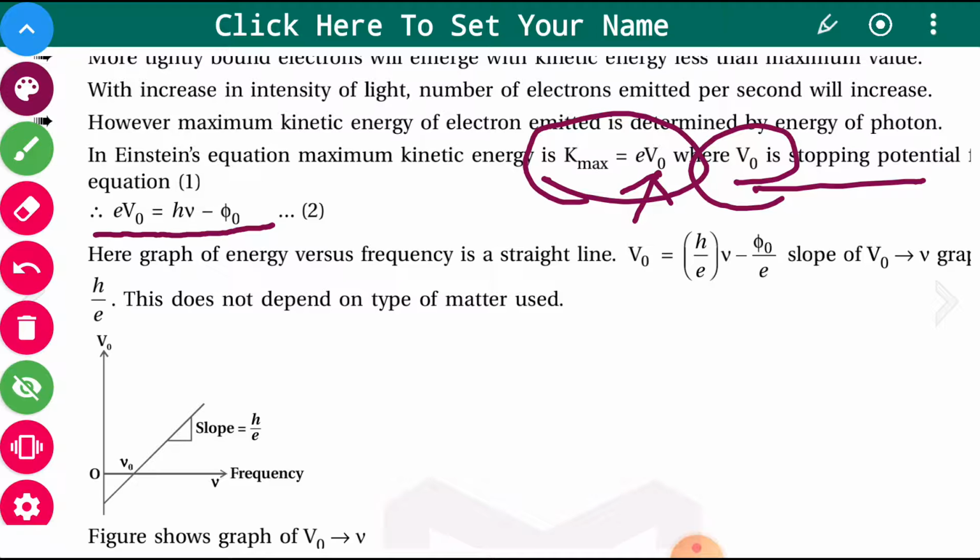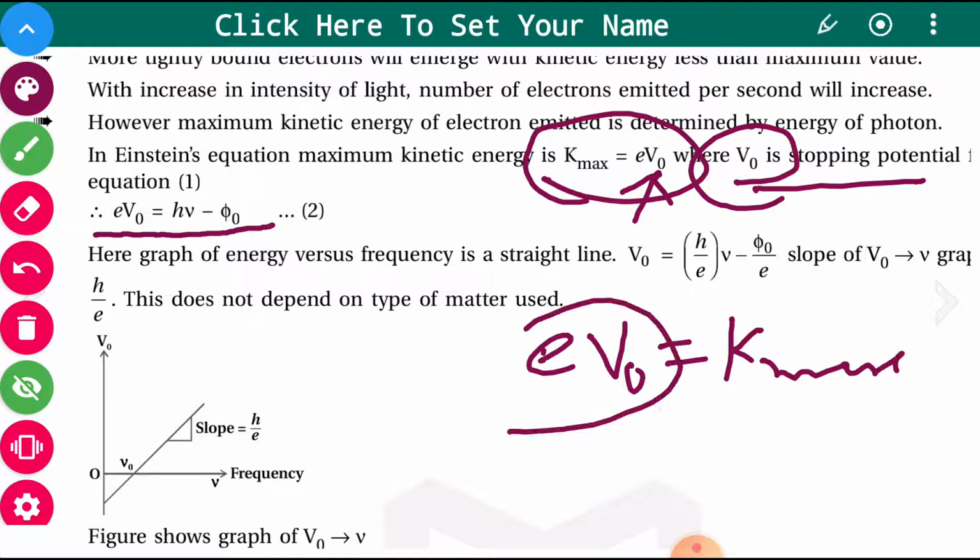So the maximum energy of the electron which is coming out is eV0, and that must be equal to K max. Up to that, the maximum kinetic energy can reach. So eV0 is equal to h nu minus phi 0.